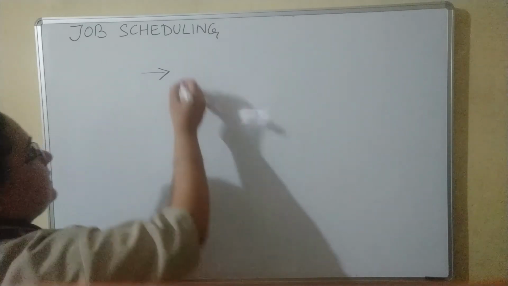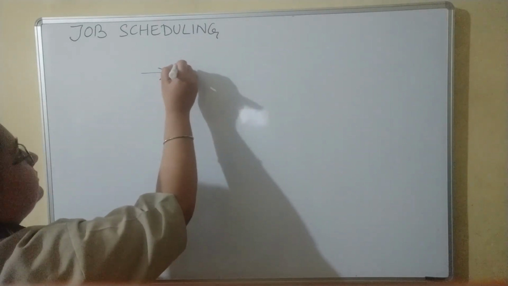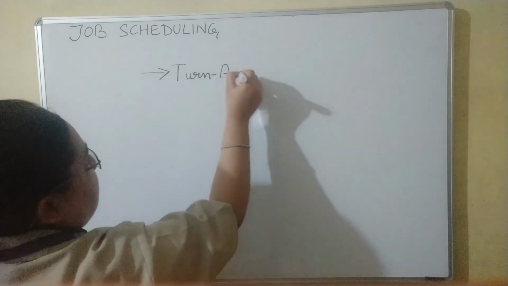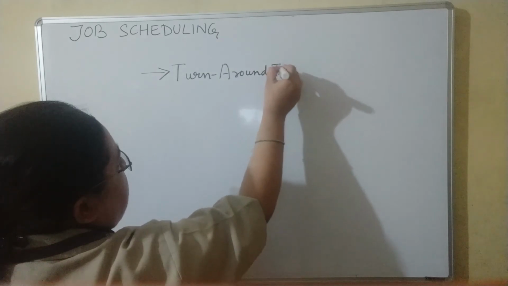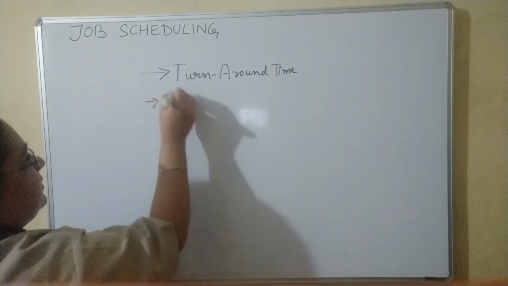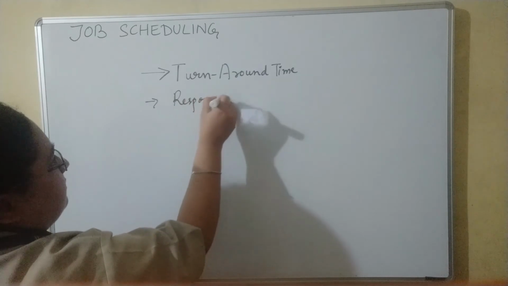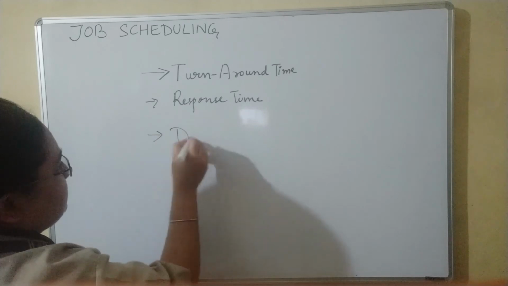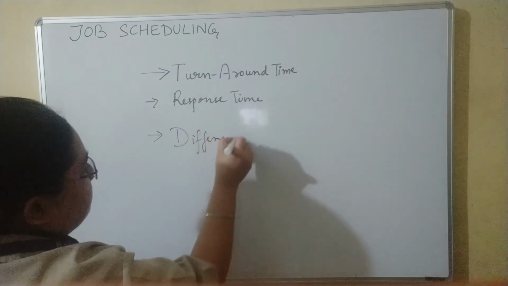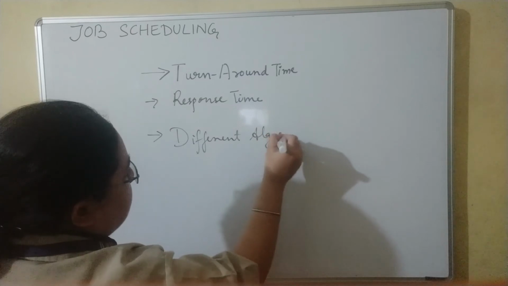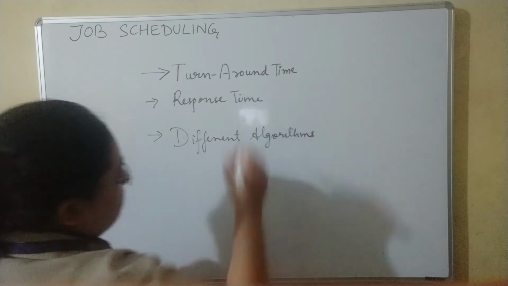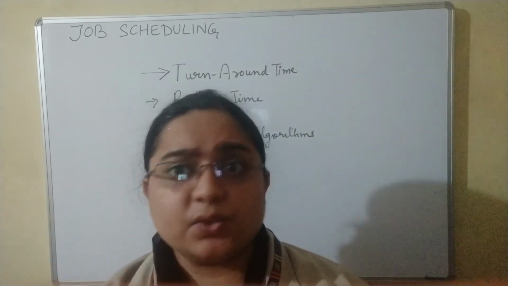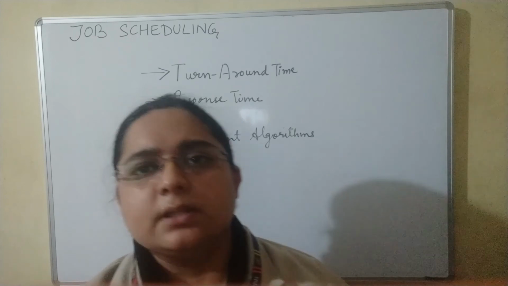We will be taking these things: the concept of turnaround time, the concept of response time, different algorithms which are used for CPU scheduling or job scheduling. That is going to be our topic of discussion in the next class.